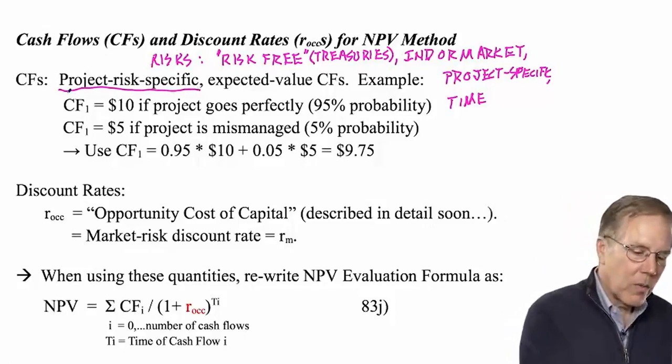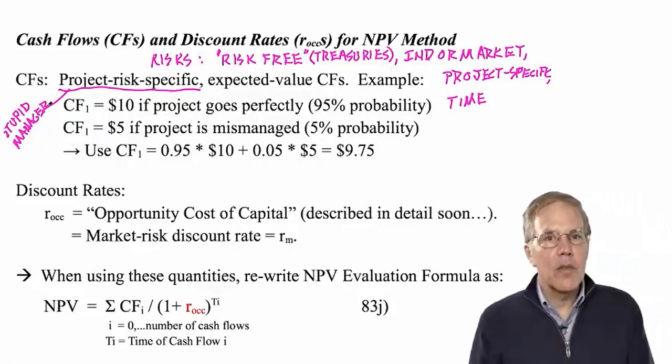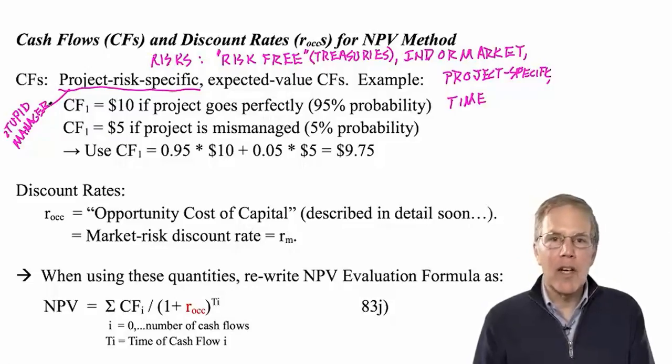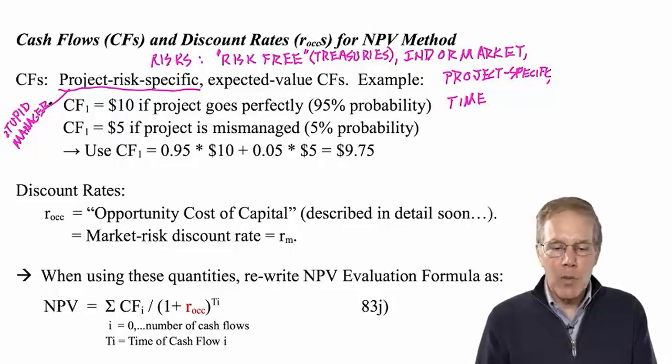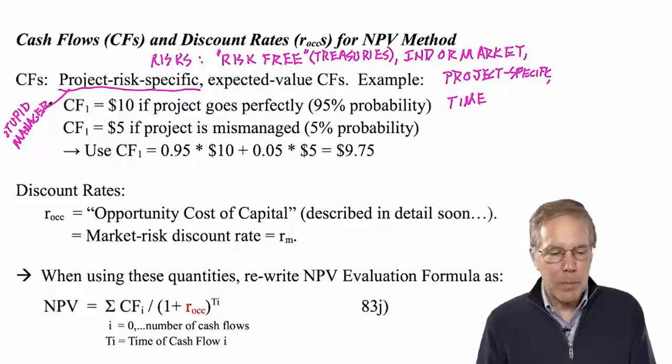And another good way to think of project-specific risk is a stupid manager risk. So these are risks that have nothing to do with the industry or the market or the macroeconomy of the U.S. or anywhere else in the world. These are risks by someone executing the project making bad decisions.